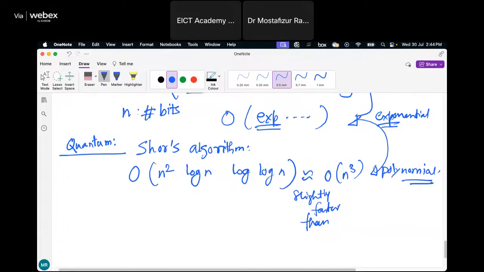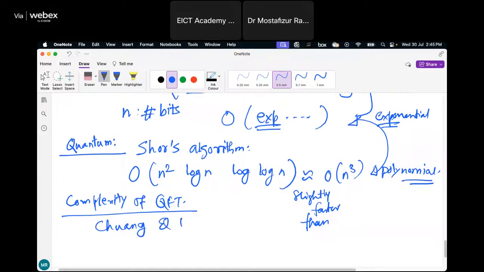Those who are interested in the complexity of the quantum Fourier transform, please go through the book by Isaac Chuang and Nielsen. I may be wrong in the spelling, Nielsen.